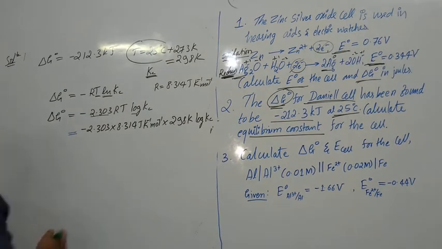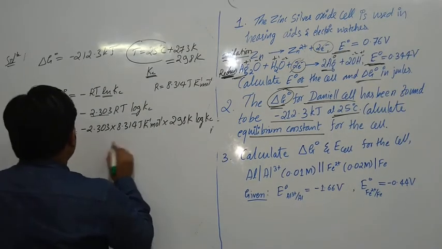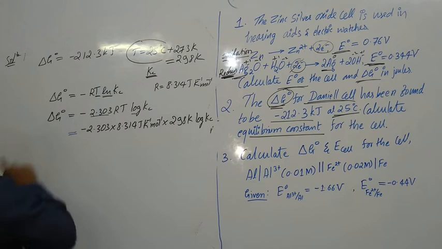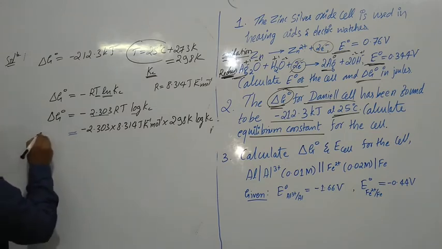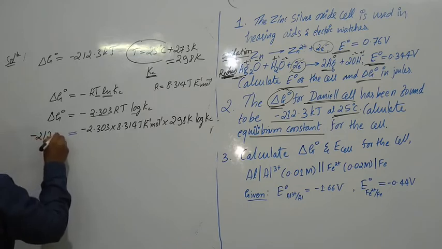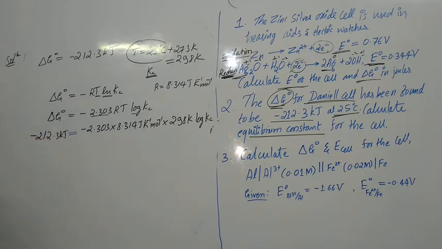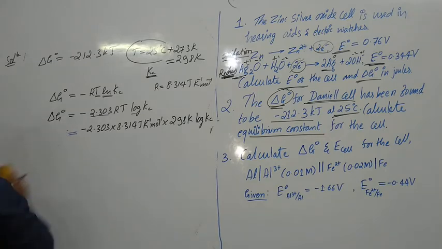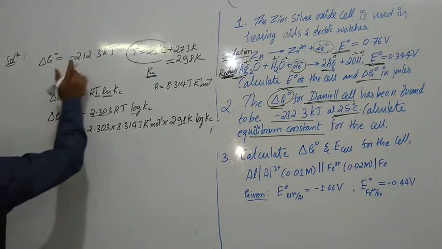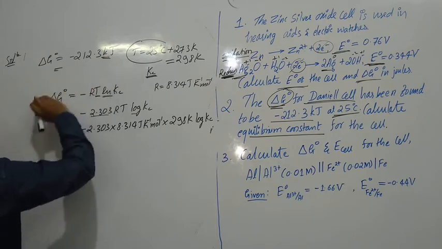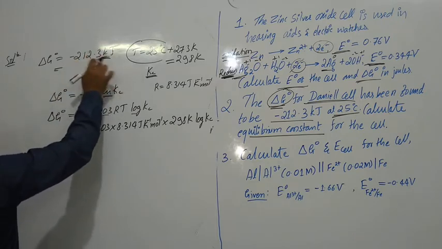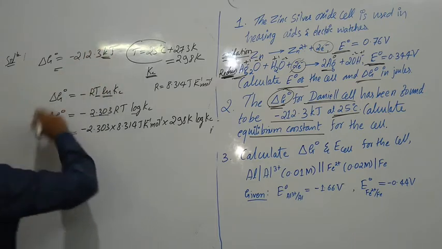One more thing, they have given delta G naught is equals to minus 212.3 kilojoules. Here they are given in terms of kilojoules, so let's take in terms of joules. We have to multiply with 10 to the power 3.